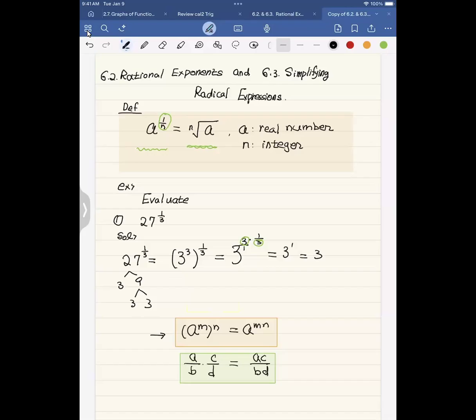Even when they are not integers, this principle will go through. We also know that when we multiply fractions, we multiply the denominators together and the numerators together. So a over b times c over d is ac over bd.